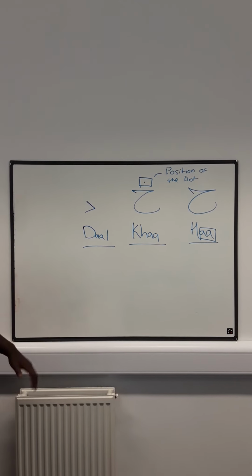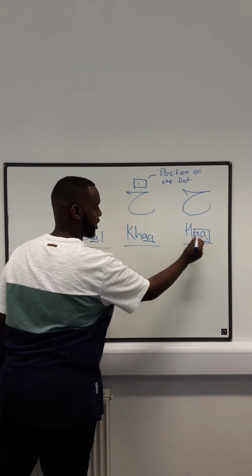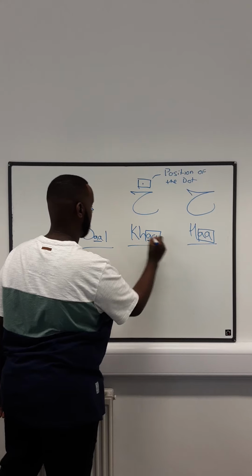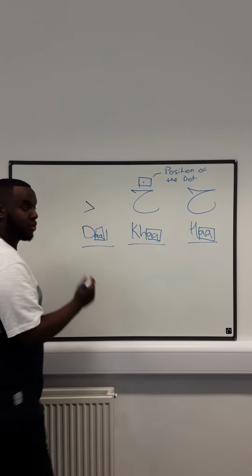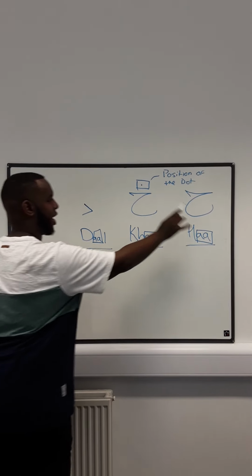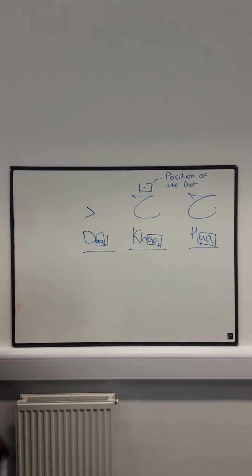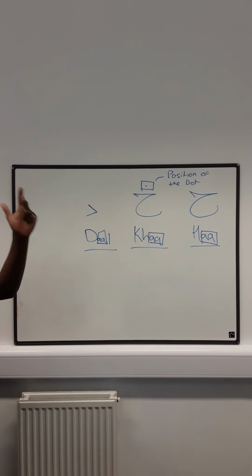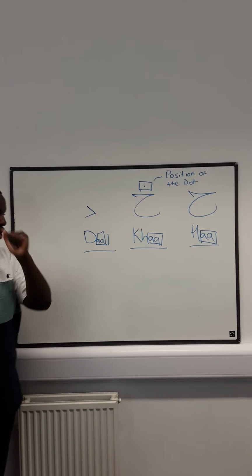Dal, Dal is right. Always remember the 2 letters that are similar to one another, you stretch it, you prolong it. So you've got Ha, you've got Kha, and you have Dal. Can you say it for me? Ha, Kha, and Dal. Good.